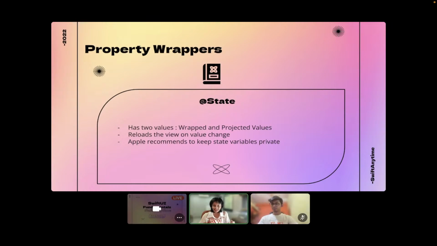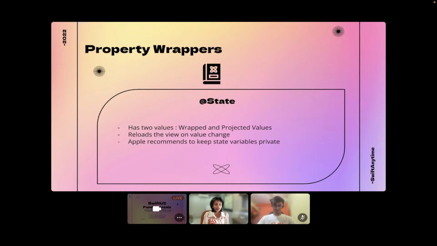If we look up the documentation, it has two properties: wrapped and projected values. Explaining that would be a pretty deep conversation, so for the sake of simplicity, I'm putting it out here. It could be used for special cases where you want the wrapped value of a state, but we could discuss it in another session.